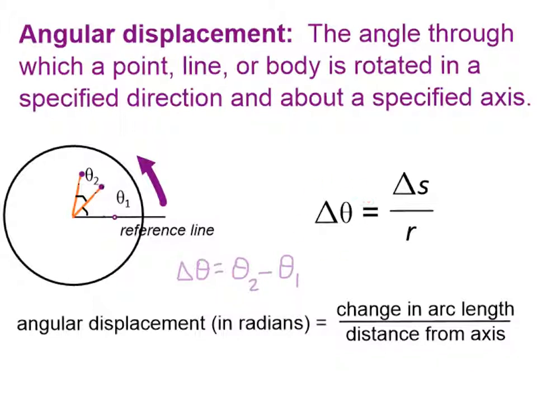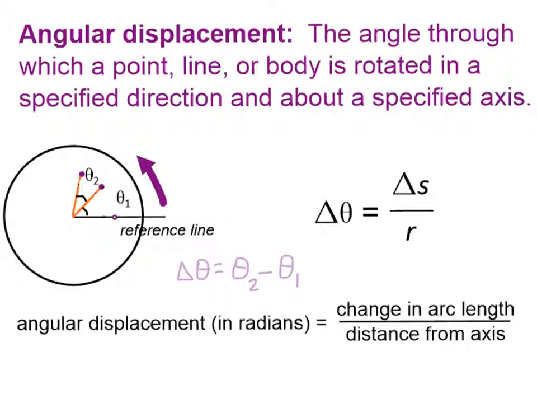Angular displacement is equal to the change in the arc length, delta s, divided by the distance of the bulb from the axis of rotation, that would be r. This is the axis of rotation.